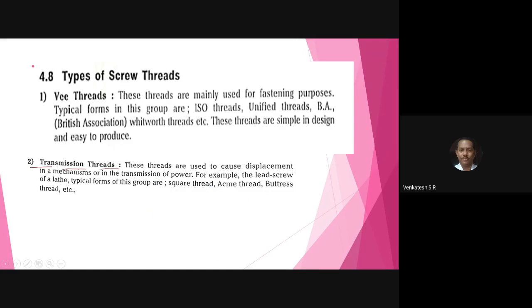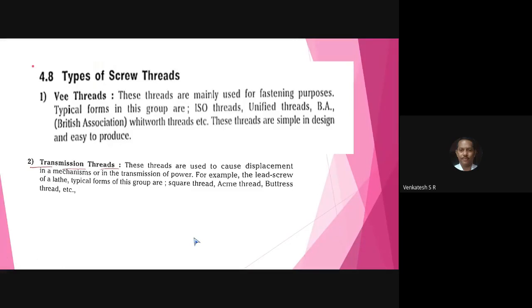If the force or the load is very, very high, then you can go for the square thread. You can see in the lead screw of the lathe, there you have the square thread.